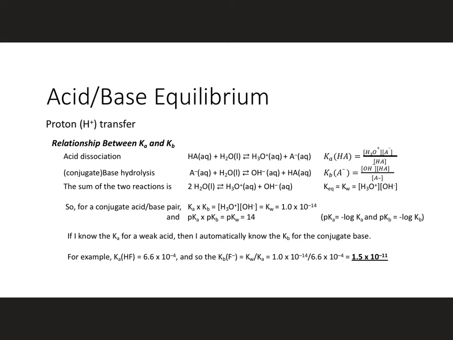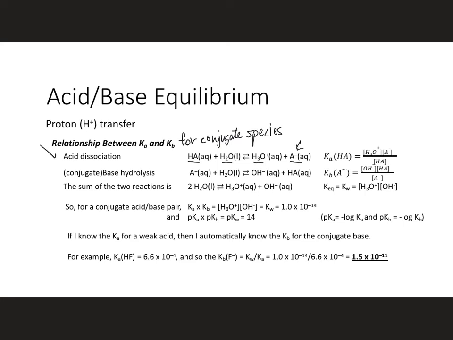The last thing we want to talk about when we're considering weak acids and weak bases is the relationship between Ka and Kb for conjugate species. So for a pair of species that differ only by the H+. Here's my acid dissociation: HA plus water gives me hydronium plus A minus.